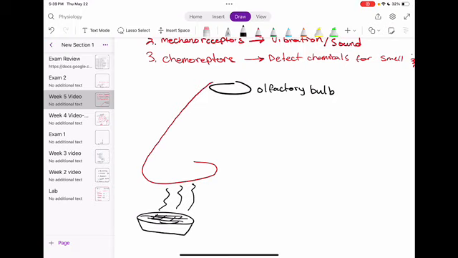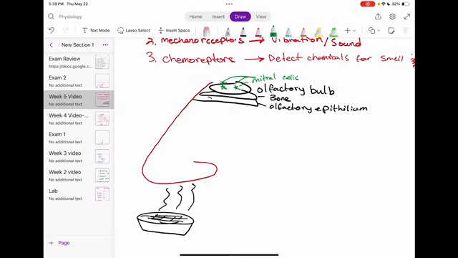Underneath the olfactory bulb, we have a little section of bone. And underneath, we have our olfactory epithelium. And up here we have these, which are mitral cells, and they go back and over to the brain.